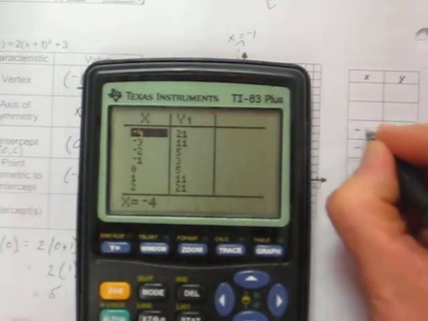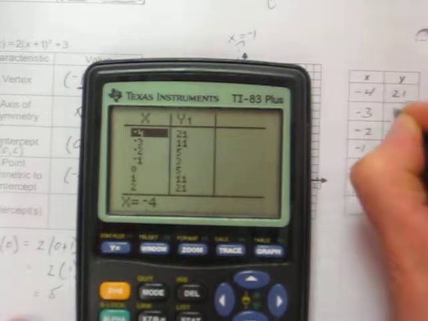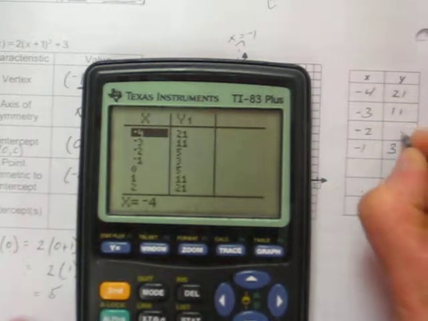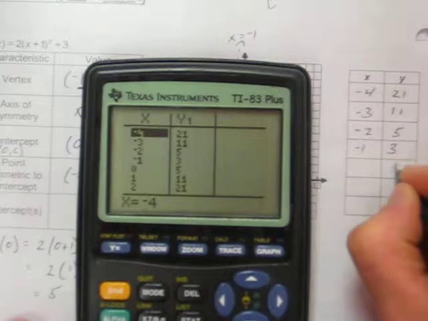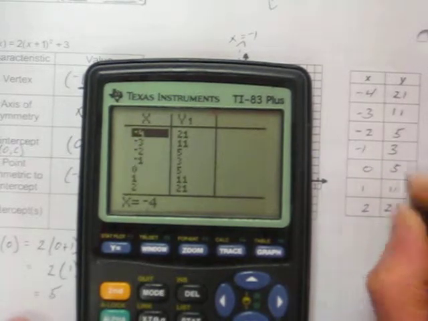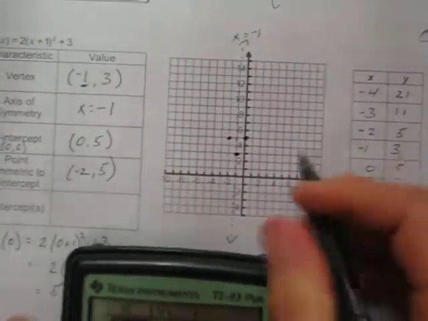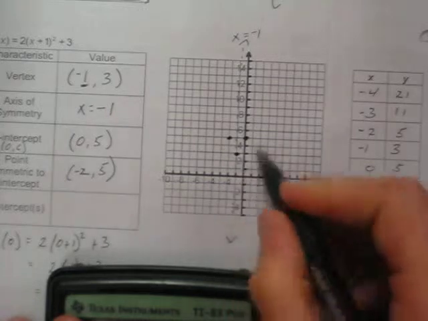So I have -2, -3, -4, and I'm just copying this down. You just want at least 5 points. I already have (-2, 5) and (0, 5) graphed.